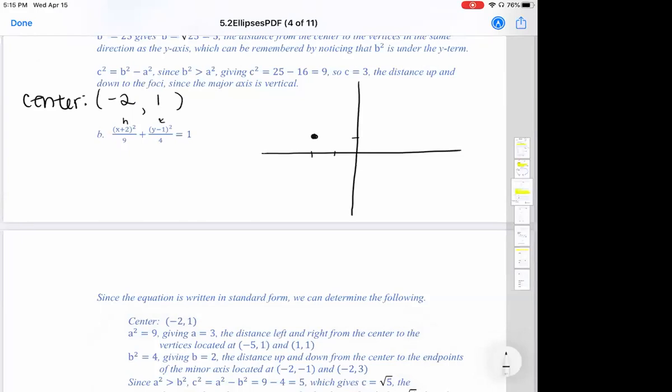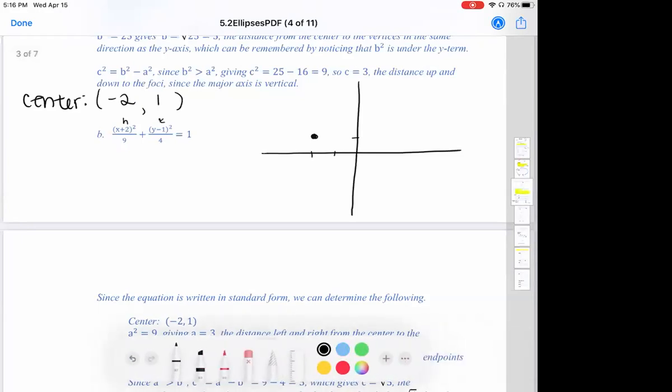All right, now I need to use my numbers underneath to know how far up, down, and side to side I go. So I'll do this one with blue. Because it's underneath the x, and our x-axis goes from left to right, I'm going to go left to right.